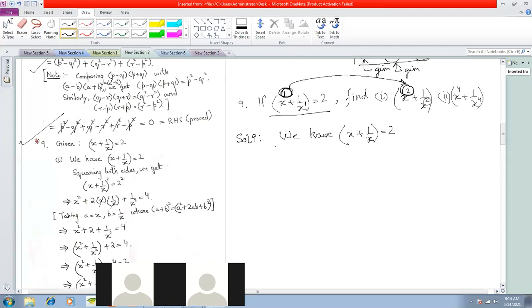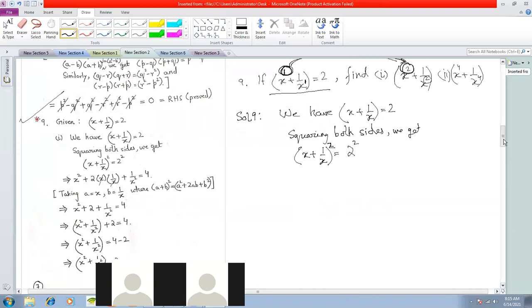Now when we want to move from power 1 to power 2, we will square both sides. So we write, squaring both sides, we get x plus 1 by x whole square is equal to 2 square. This is what you are going to get.